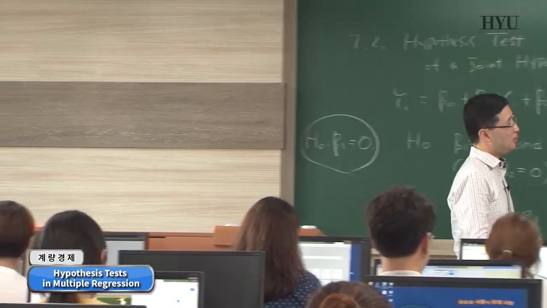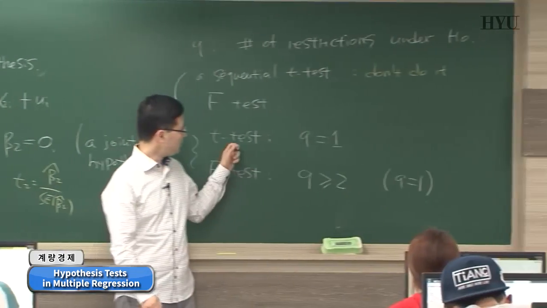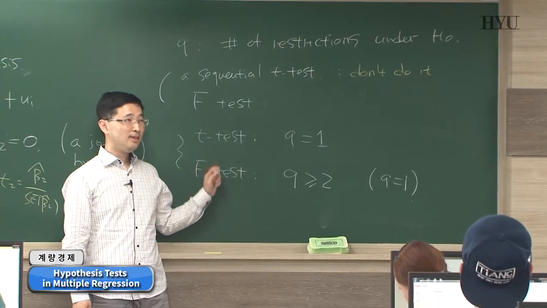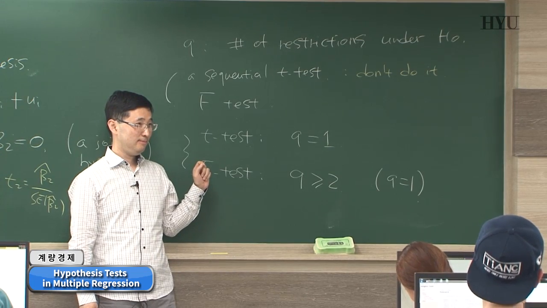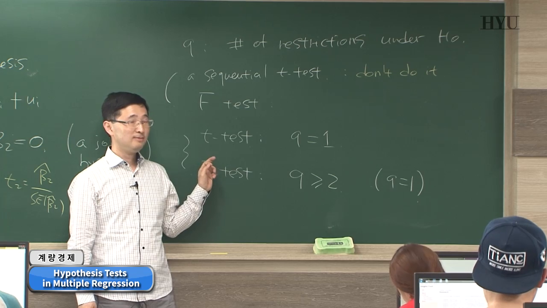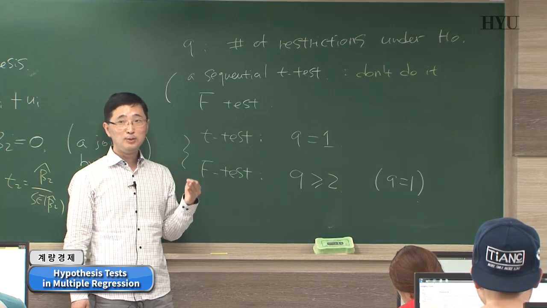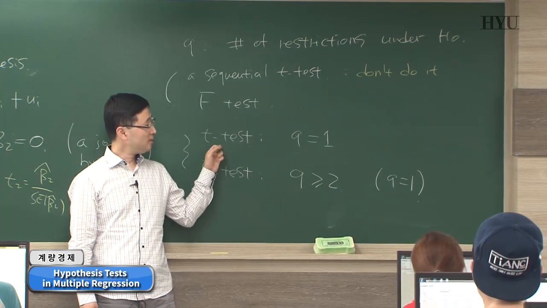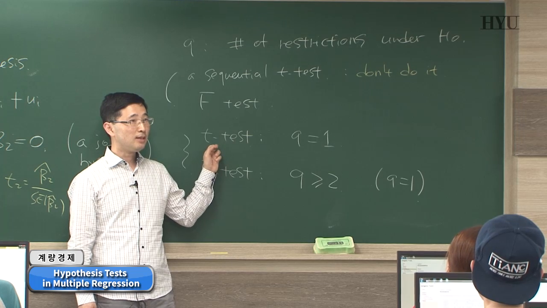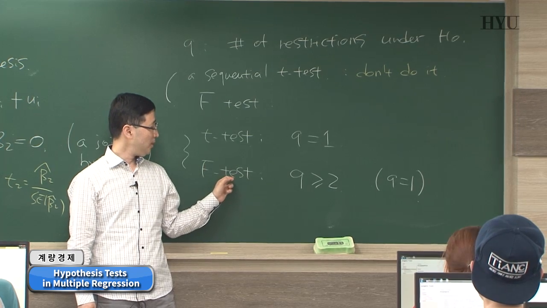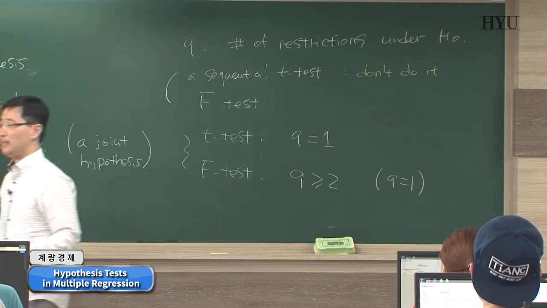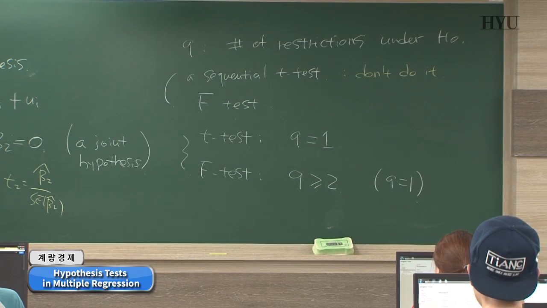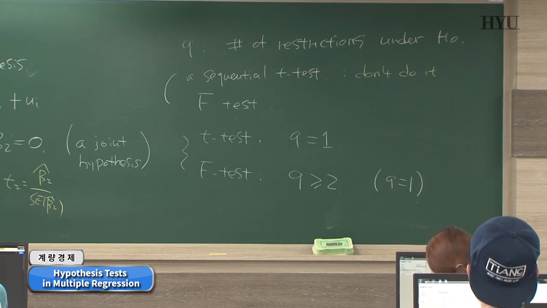When q is equal to 1, you can either use this or that, and the conclusion must be the same if you do it right. What do I mean by they have the same conclusion? The p-value of this t-test should be exactly equal to the p-value of this F-test if q is 1, okay? So I'll explain later why that is the case.